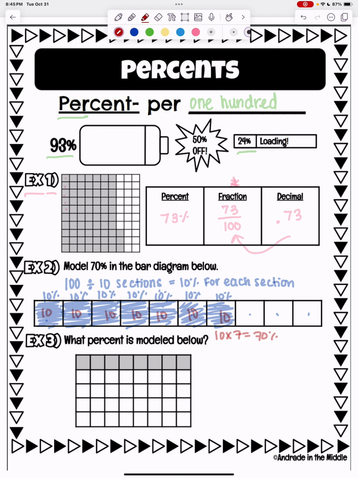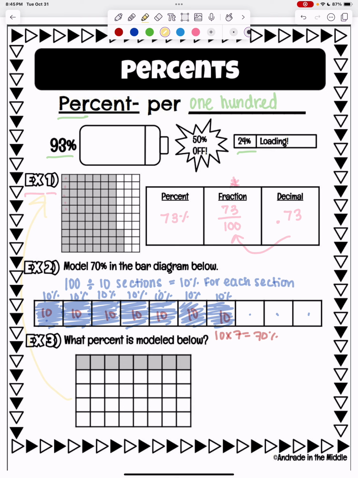All right, this next one down here. Just by looking at it, I want you to see, does it look the same as example 1? Hopefully you're telling me, no, Miss Martinez, it doesn't look the same, because it is not 100 boxes.